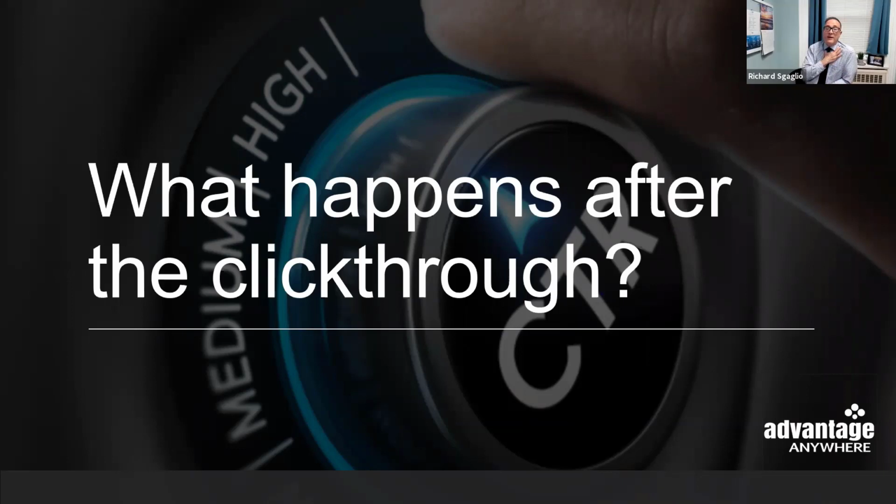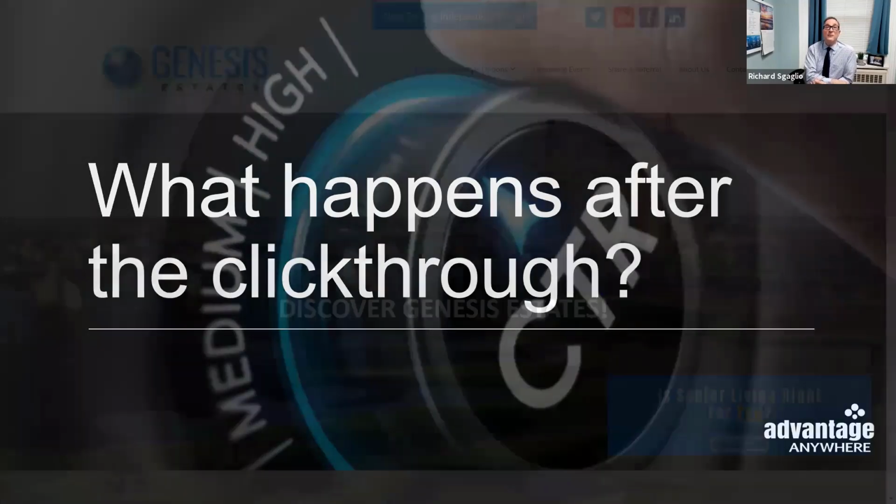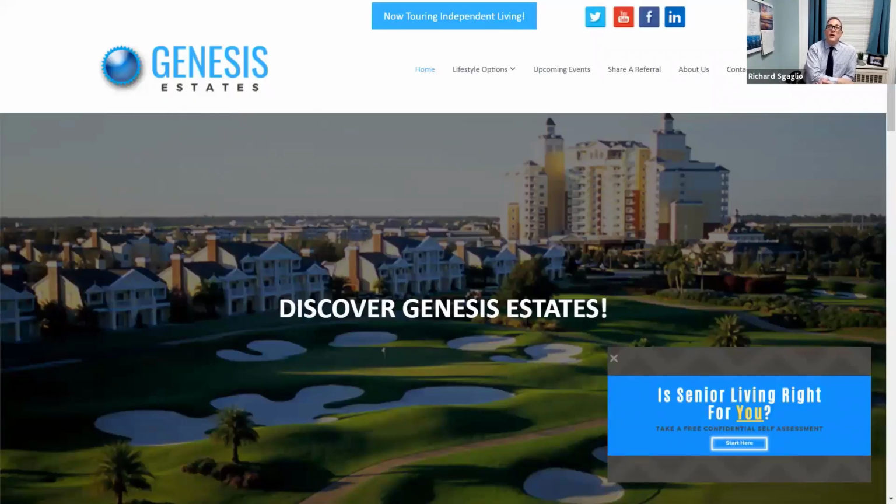In my area, the sales cycle for somebody considering independent living could be 3 months, 6 months, a year, or longer. So you want to keep them engaged. We have a drip campaign that we use Advantage for, to send out automated emails on topics that are important to people looking for a senior living community.